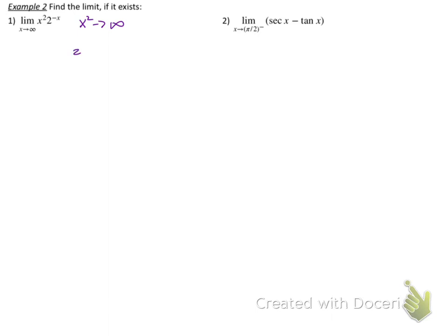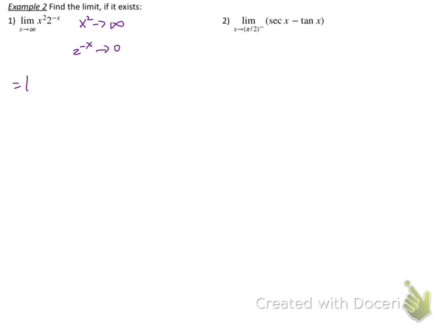So x squared goes to infinity, but 2 to the negative x, that's how the power looks, right? As x approaches infinity, the power goes to 0. You do have an infinity times 0 case.